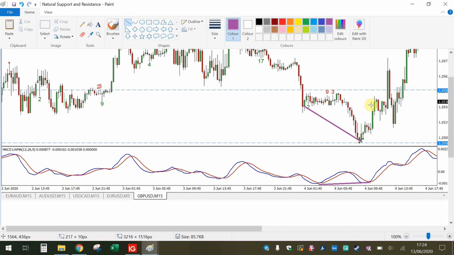Now that we've spotted that, when do we enter this trade? The more aggressive one is entering on the close of the bar where the RSI comes out of oversold. In this case, this bar here doesn't have an arrow, so at least the 15-minute chart is now out of oversold territory.